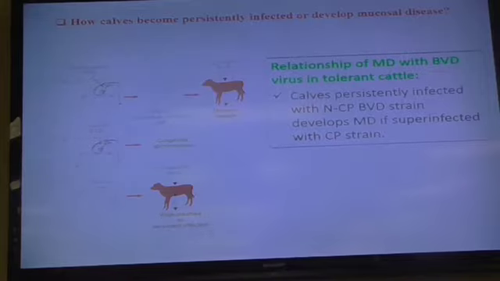So those are the clinical presentations that occur following infection by either of the biotypes or both biotypes.